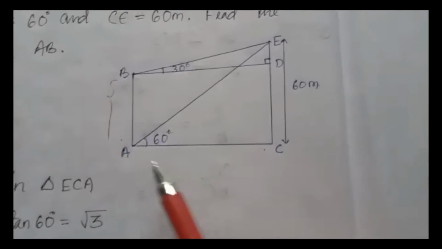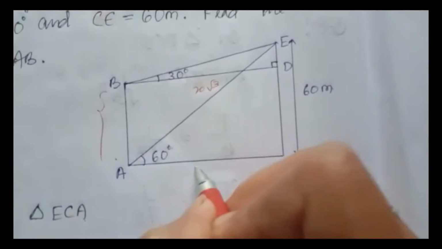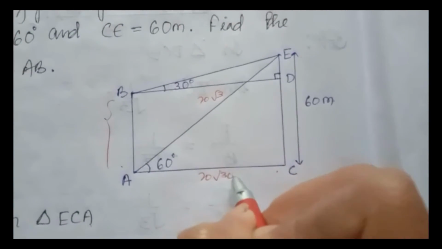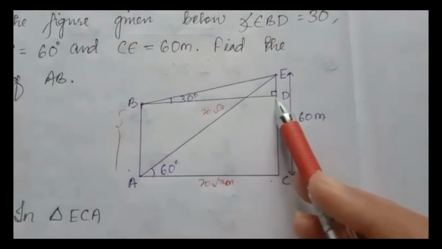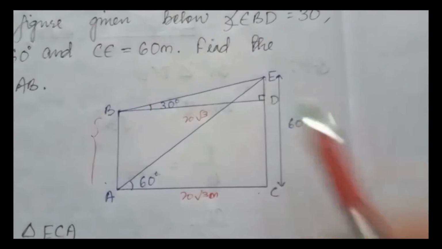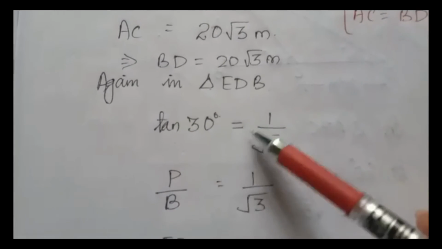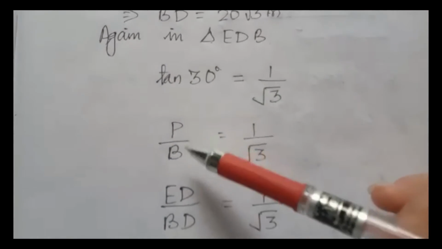Now if this AC is 20 root 3, this is also 20 root 3, because they are equal, AC is equal to BD. So now we will use this triangle and find this perpendicular. Again in triangle EDB, tan 30 is 1 by root 3. Tan theta is equal to 1 by root 3.